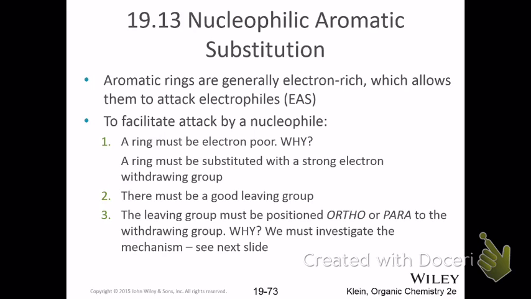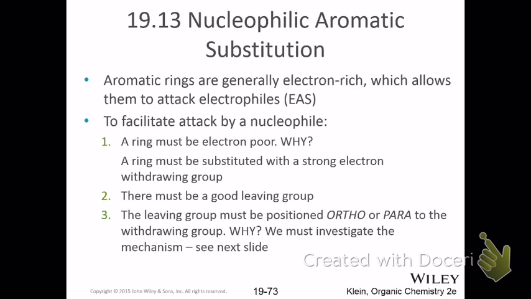The more withdrawing groups you have, the faster the reaction will go. You have to have a good leaving group. When you don't have a good leaving group, it usually is a different reaction. And they have to be ortho and para. The leaving group has to be ortho or para to the electron withdrawing groups.